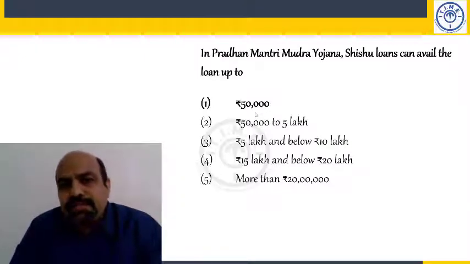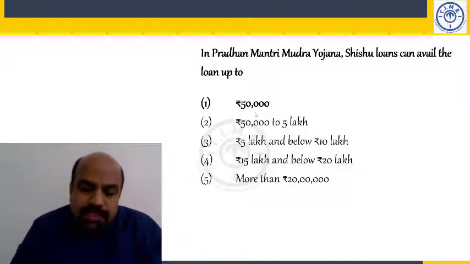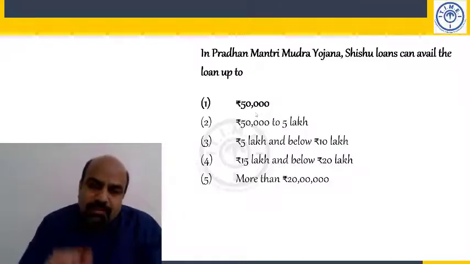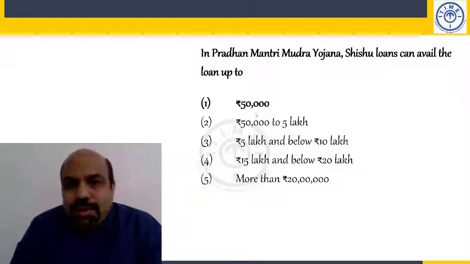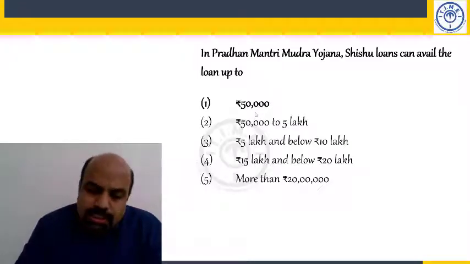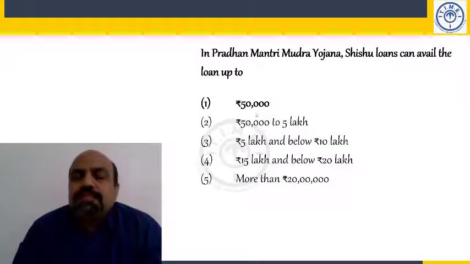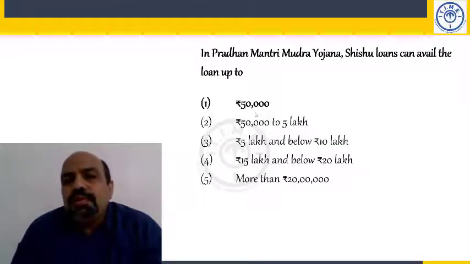Next. In financial year 2019-20, last financial year, you could write this, underline that. Below that, number of loans sanctioned: 6.22 crore.